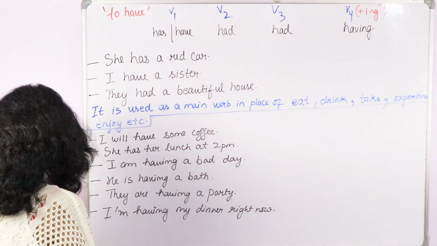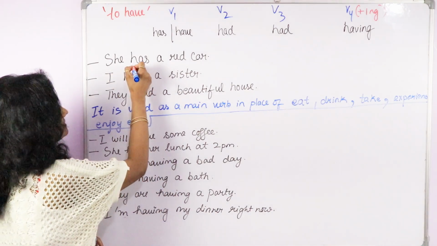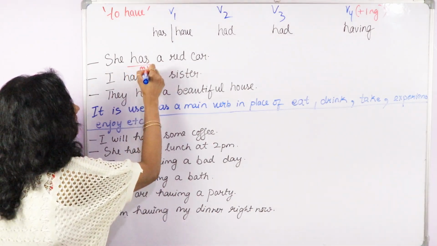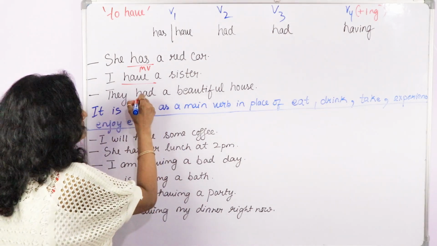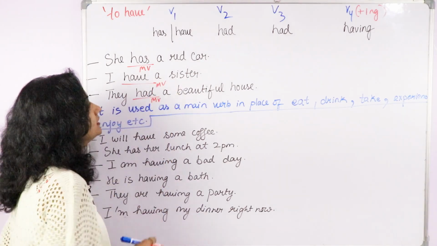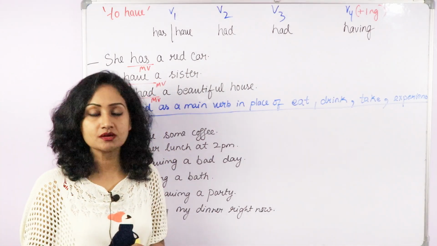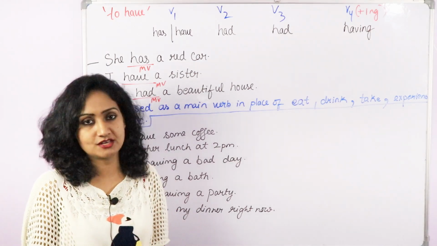So here have is used as a main verb. With she, it is has, it's a main verb. I have, main verb, and then they had, subject plus second form of the verb, again a main verb. Okay, so this way whenever we are talking about a possession, we use have as a main verb.